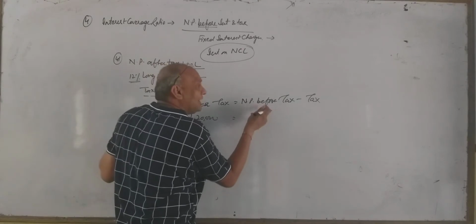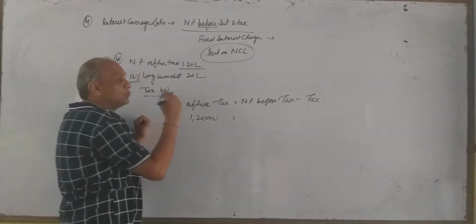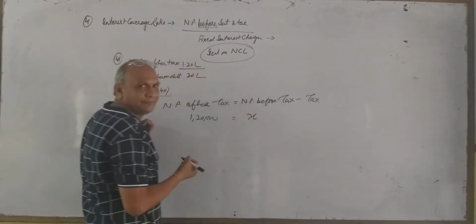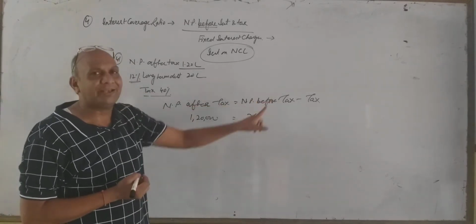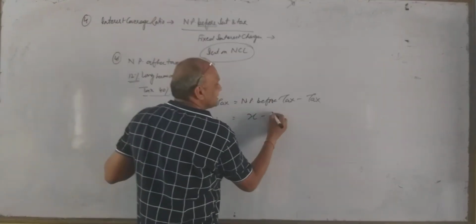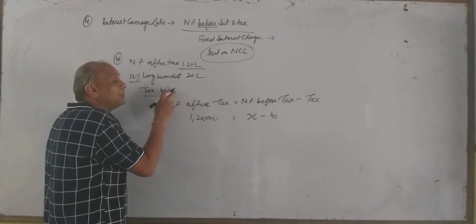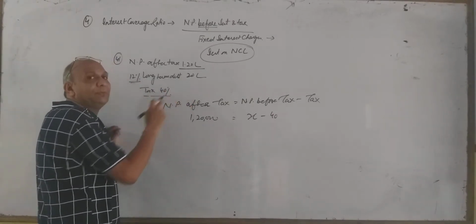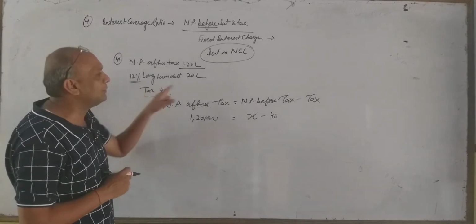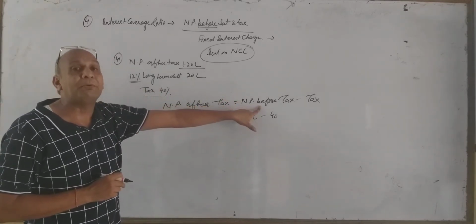If it is not given and we need it, ये हमें चाहिए, so what to do? Let us assume X. This net profit before tax, let us assume X, minus 40% of, it is not mentioned anything over here, 40% of what? So it will be assumed 40% of profit before tax.